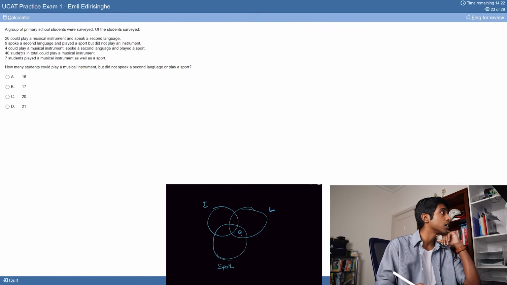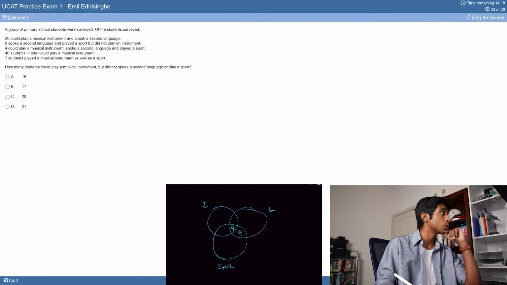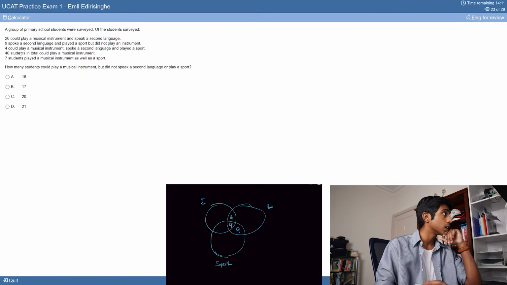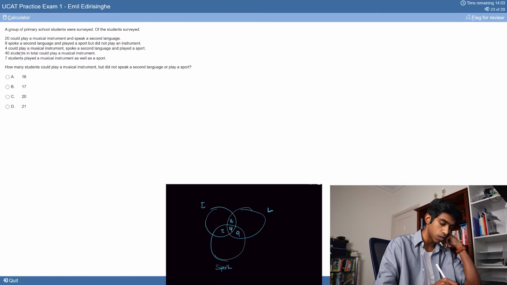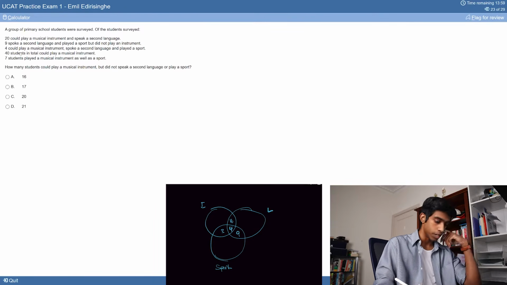4 could do all 3. 20 could play a musical instrument and speak a second language, so this is going to be, what, 16? 40 students in total could play a musical instrument. 7 students played a musical instrument as well as a sport, so that's 3 here. Okay.